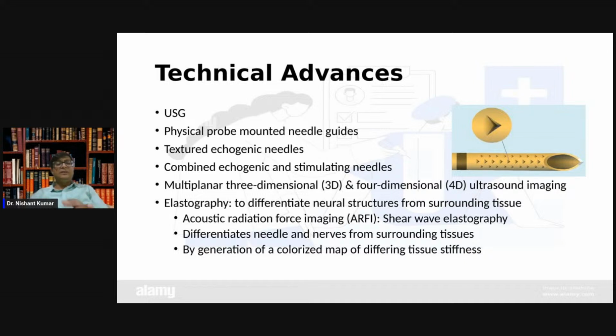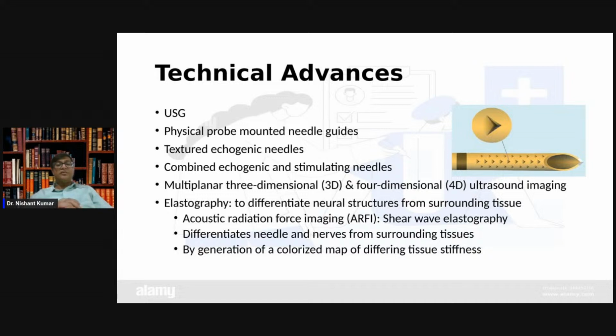And obviously, then we have advances in the ultrasound, where we have multiplanar, three-dimensional, and four-dimensional ultrasound imaging. Then, furthermore, we have elastography, that is to differentiate the neural structures from the surrounding tissue. At times you're not sure, this looks like a nerve, maybe it's a bit hyper or hypoechoic, so probably this is the nerve.